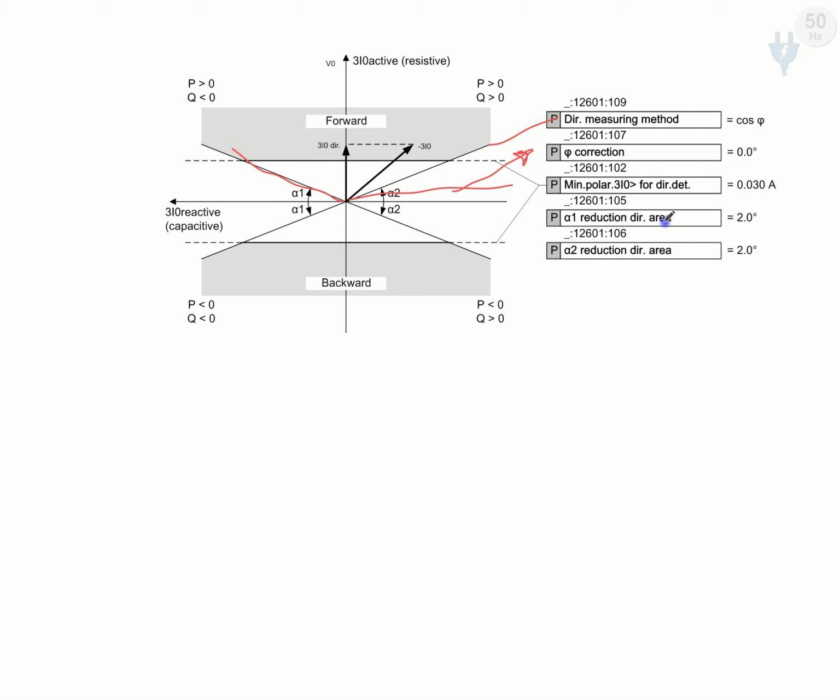Alpha 1 reduction direction area is 2 degrees, and alpha 2 reduction direction area is 2 degrees as a default. We should enter these values for the relay, and we know that this part is reducing the capacitive part, because we have already discussed it in a previous session. If you do not understand, please refer to the previous session.